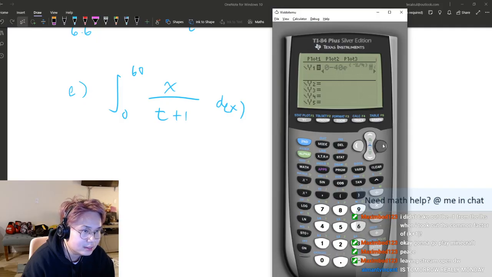So I have this. And let me just change the window to something a bit more standard.